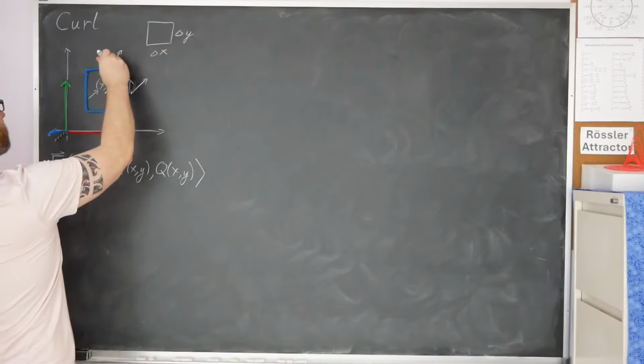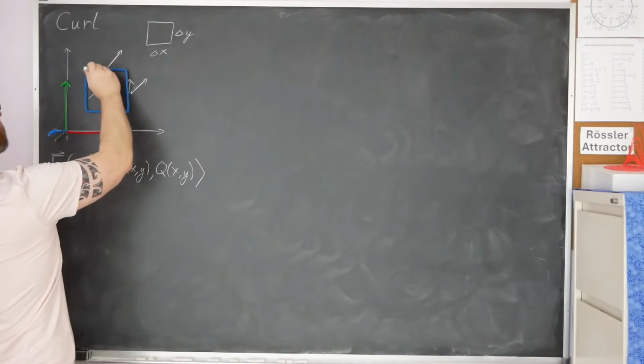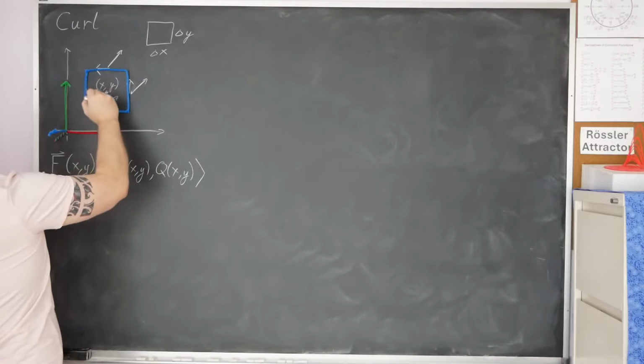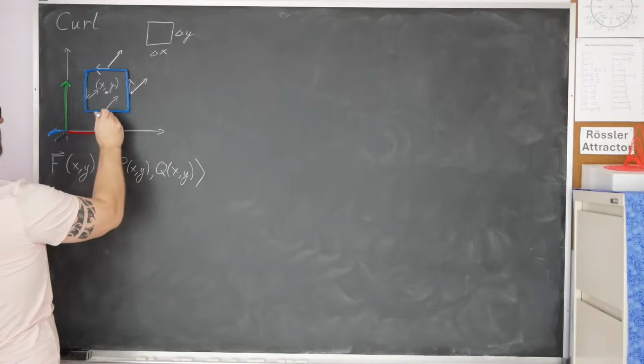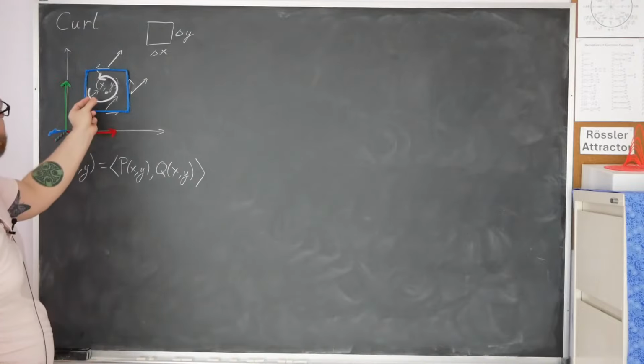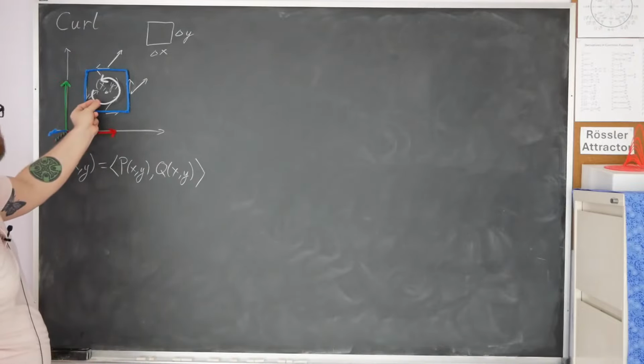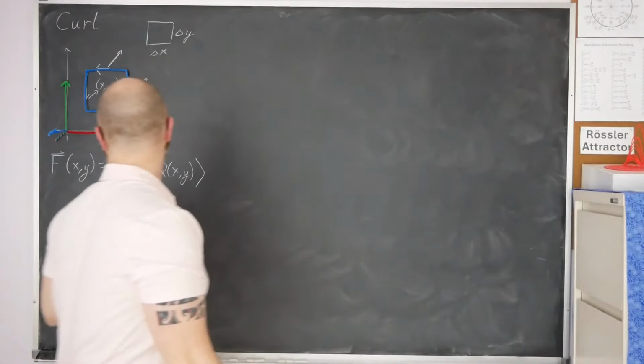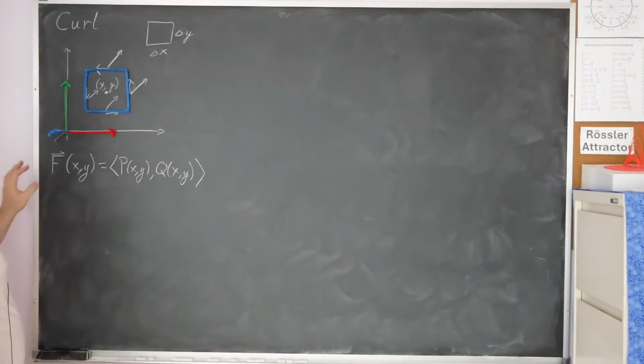And same thing here, and here, and here. Those are all going in the anti-clockwise direction. It's a lot of writing, but now we just start adding up all the flows along each side. So let's start with the right side.